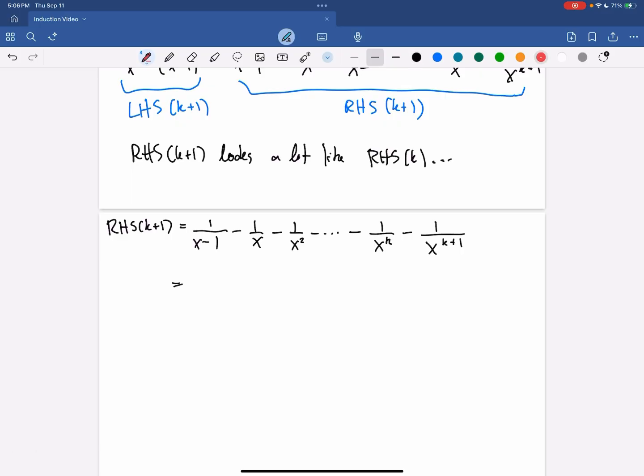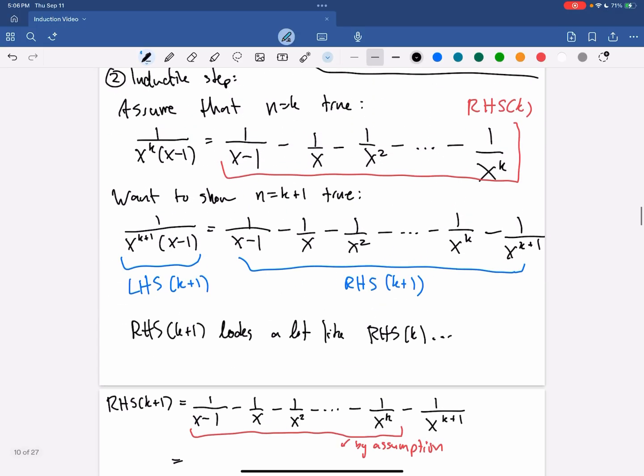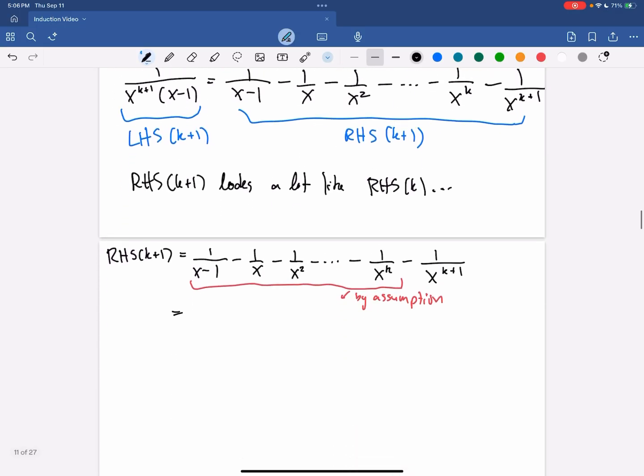And by assumption, we can replace all of those first terms with left-hand side of k, which is 1 over x to the k, x minus 1.